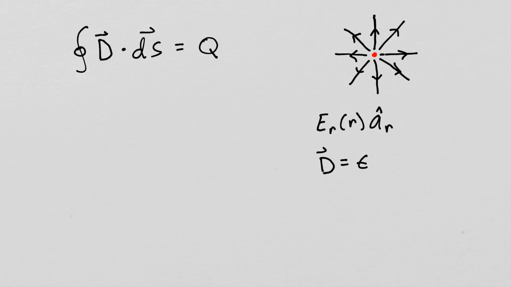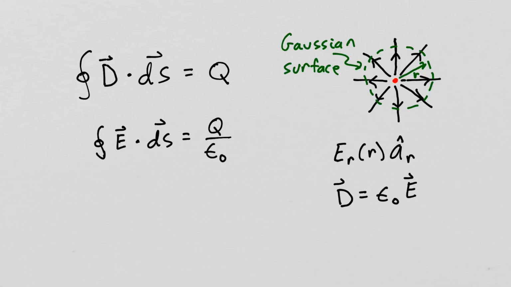There's just this multiplicative constant of epsilon sub 0. So an alternative way to write Gauss's law is as the integral of E dot dS over a closed surface is equal to the charge enclosed divided by the permittivity of free space.